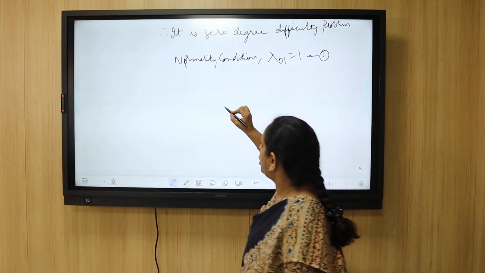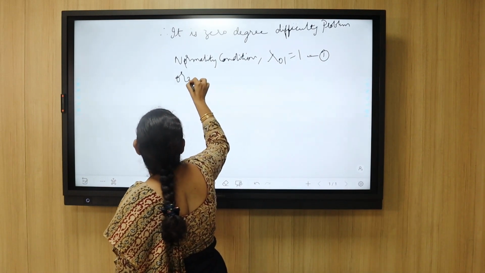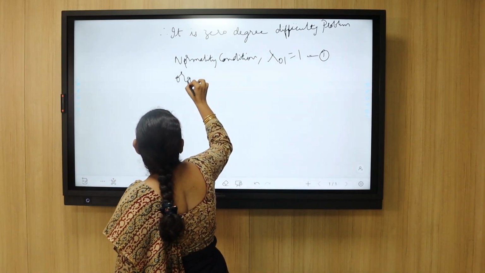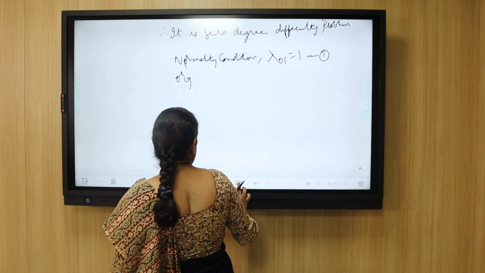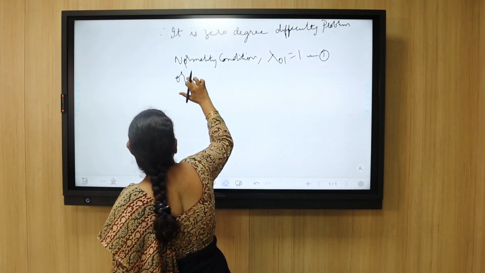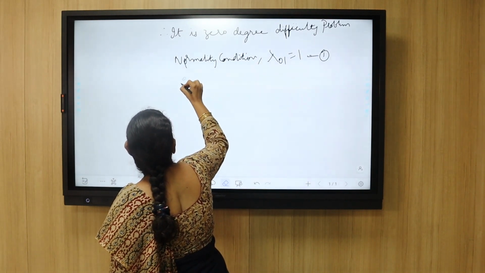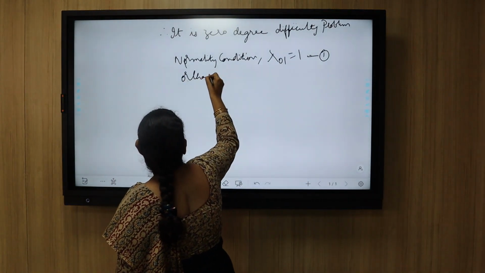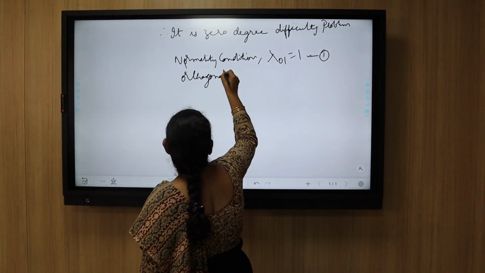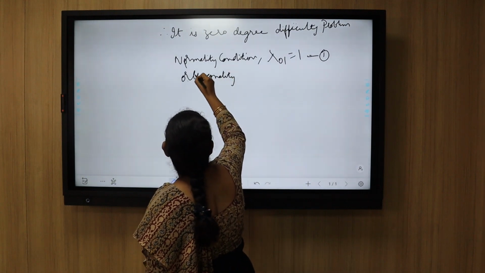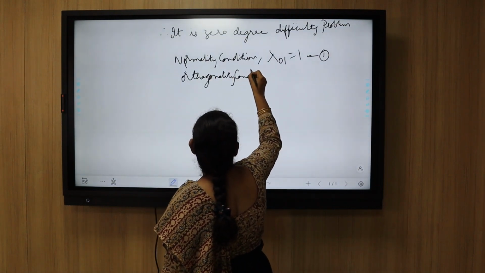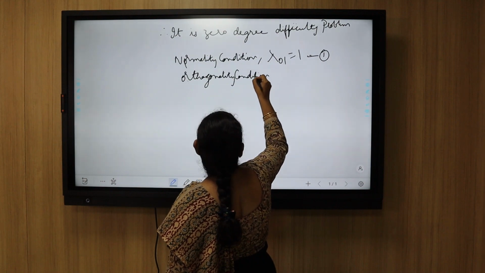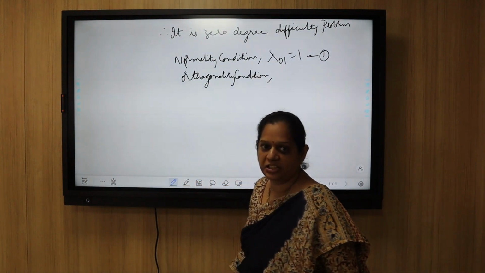Coming to the next, the orthogonality condition. How many variables are there for the orthogonality condition? There are 3 variables.